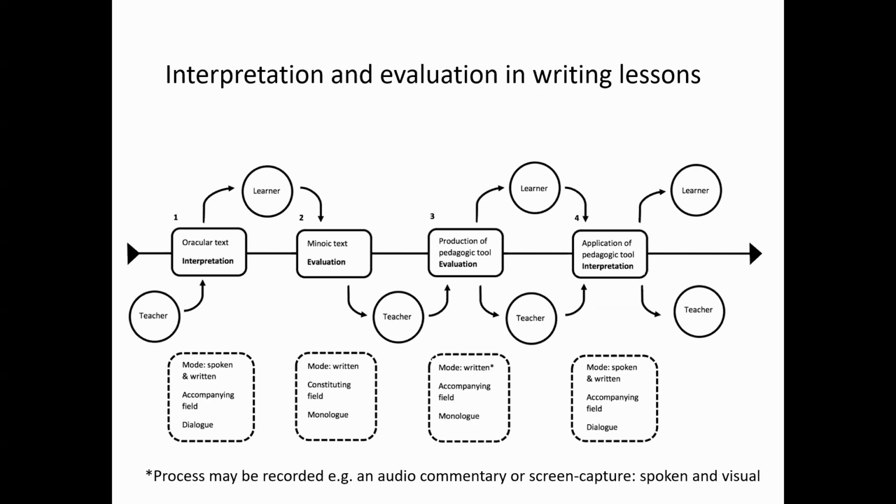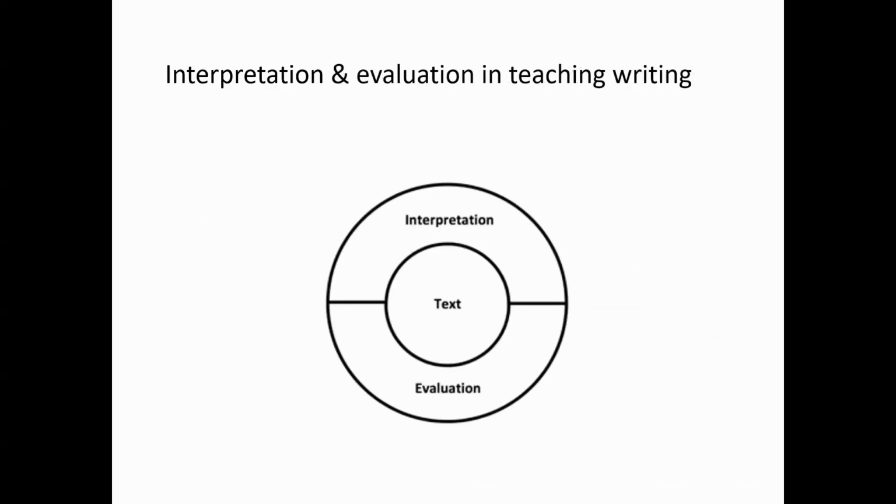And then the learner goes off and produces this work, and that's to be judged by the teacher, what I call a Minoic text. And so it sort of plays backwards and forwards in a process like this. So this interplay between interpretation and evaluation going on in the teaching and learning of writing.